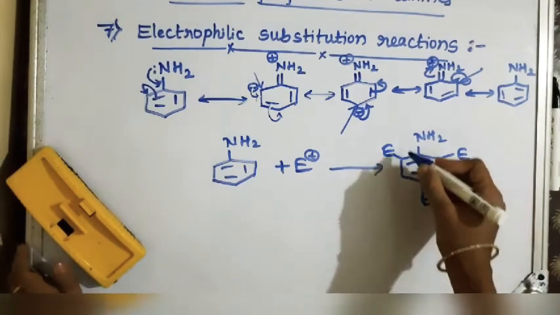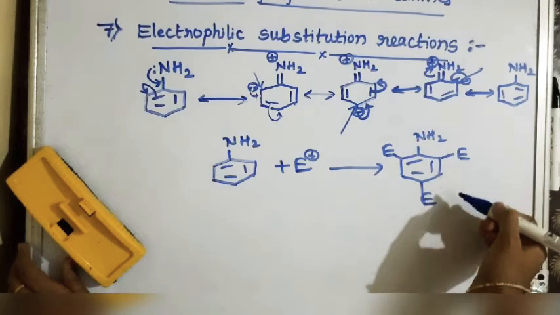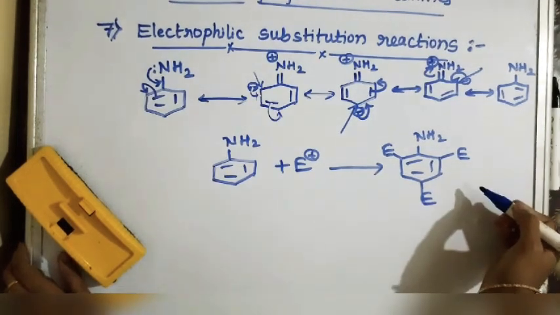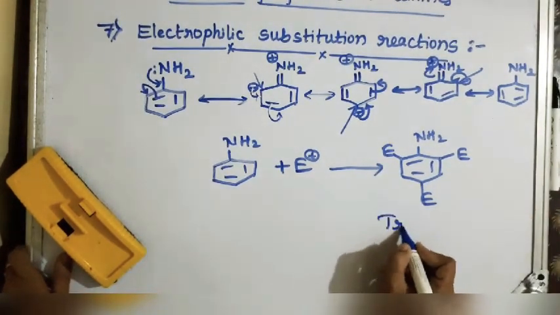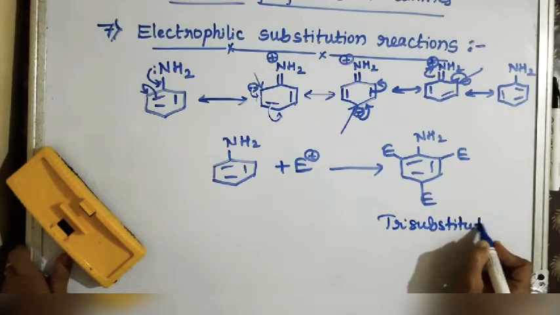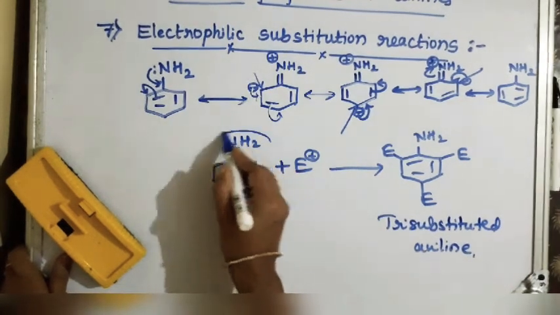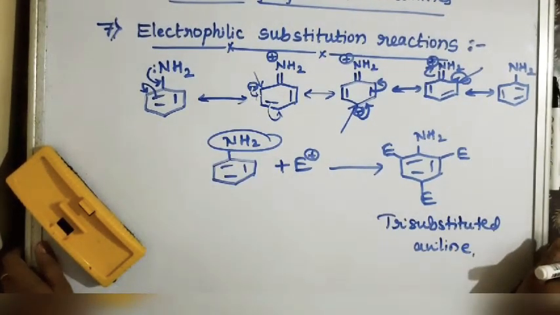Like this, the electrophile attacks all three positions which have more electron density, and we get tri-substituted aniline as a product. This is because of the higher activity of the NH2 group.